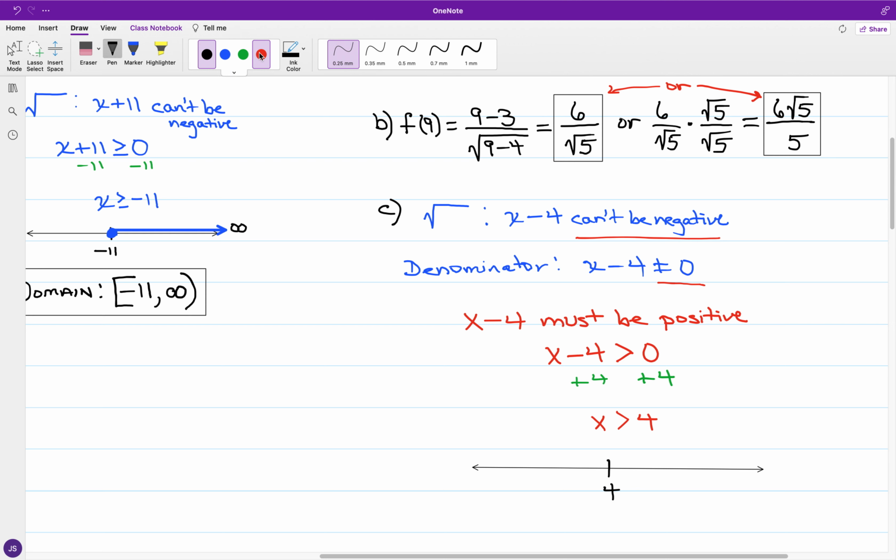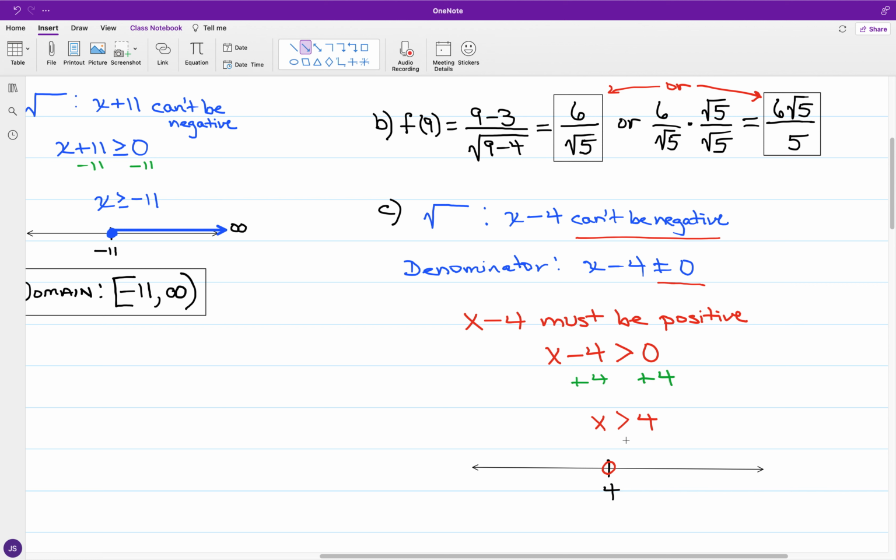Okay, so 4 is not included since we have the exclusion of the equal sign, so you have an open circle. And for the graph, this will be a ray to the right of that circle.